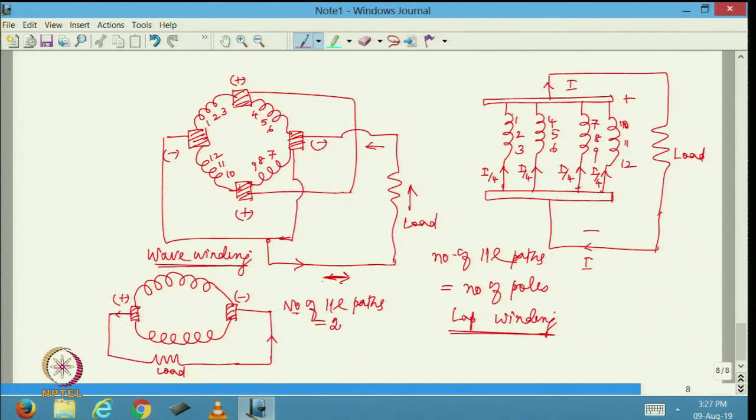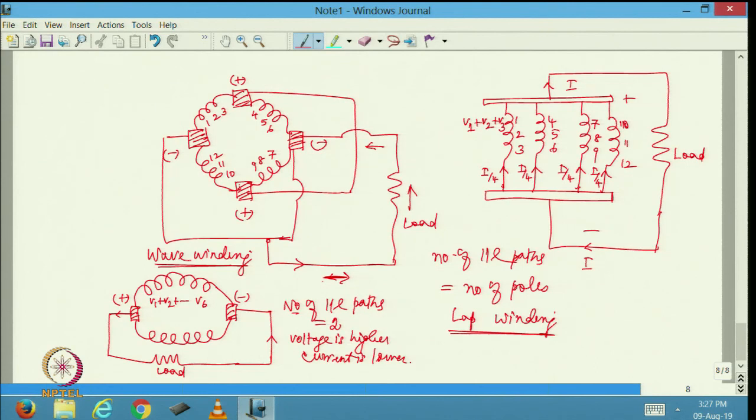Here, because I have only 3 coils connected in series, if I look at the voltage, it is essentially V1 plus V2 plus V3. Whereas here I am going to have V1 plus V2 until V6. So, wave winding voltage is higher, whereas current is lower.